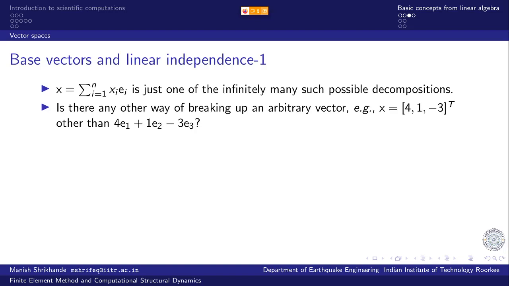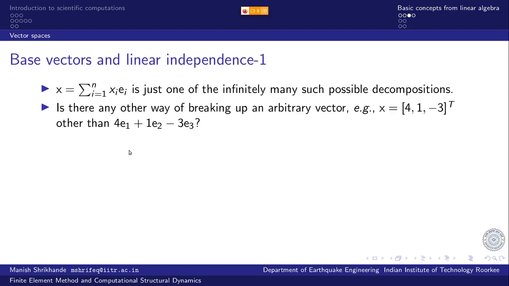The position vector x is given by the coordinates 4, 1 and -3. So its decomposition is of course 4 times e1, that is 1 0 0, plus 1 times 0 1 0, minus 3 times 0 0 1.